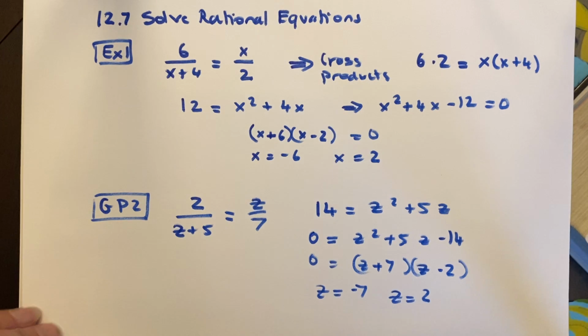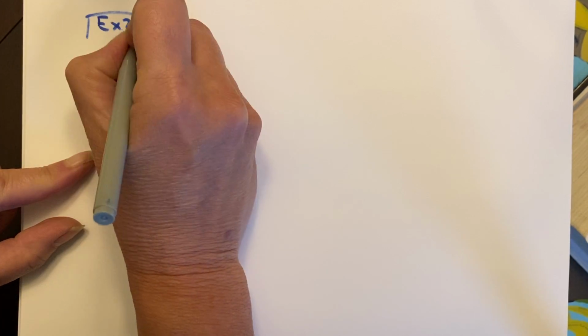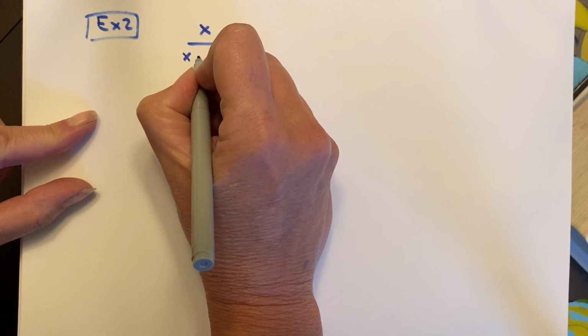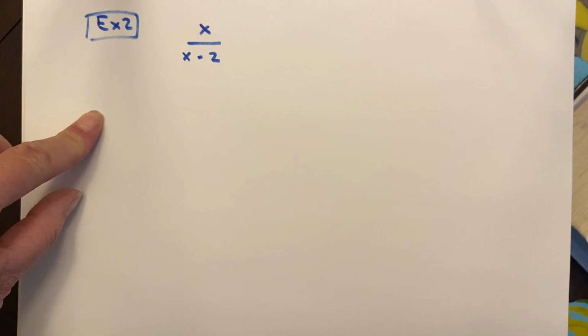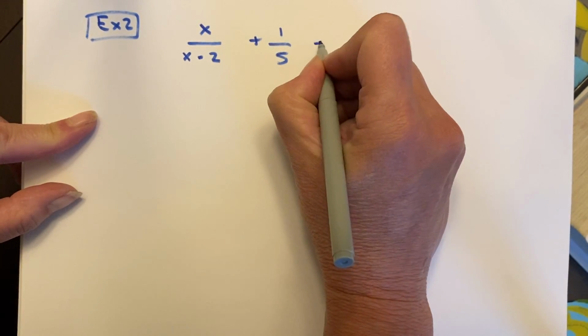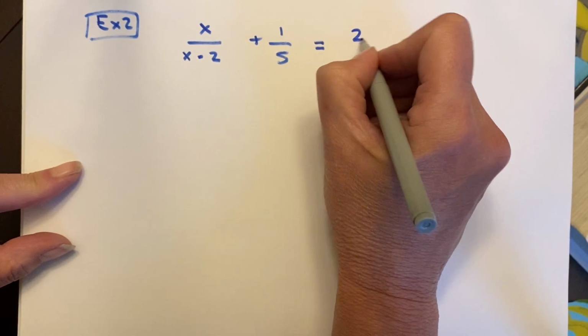All right, let's go on to example number 2. Here's my problem. I have x over x minus 2 plus 1 over 5 equals 2 over x minus 2.